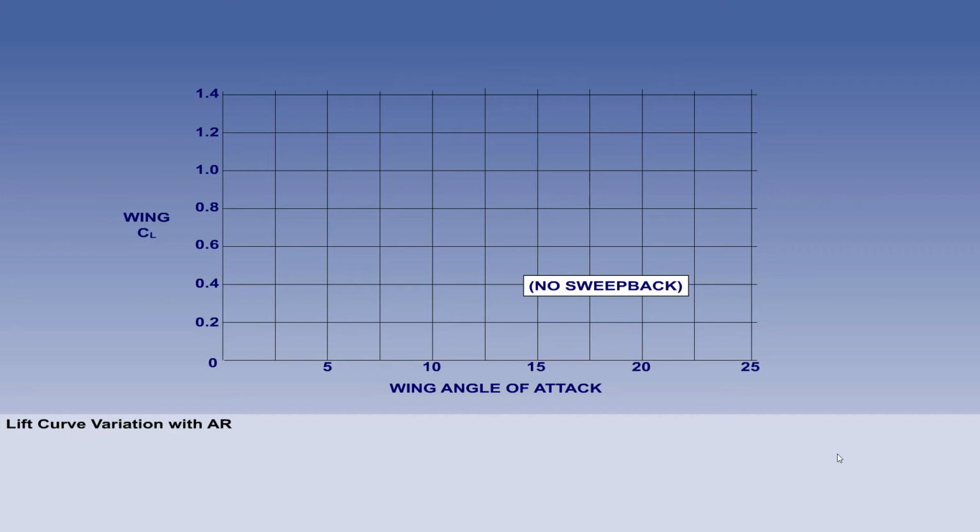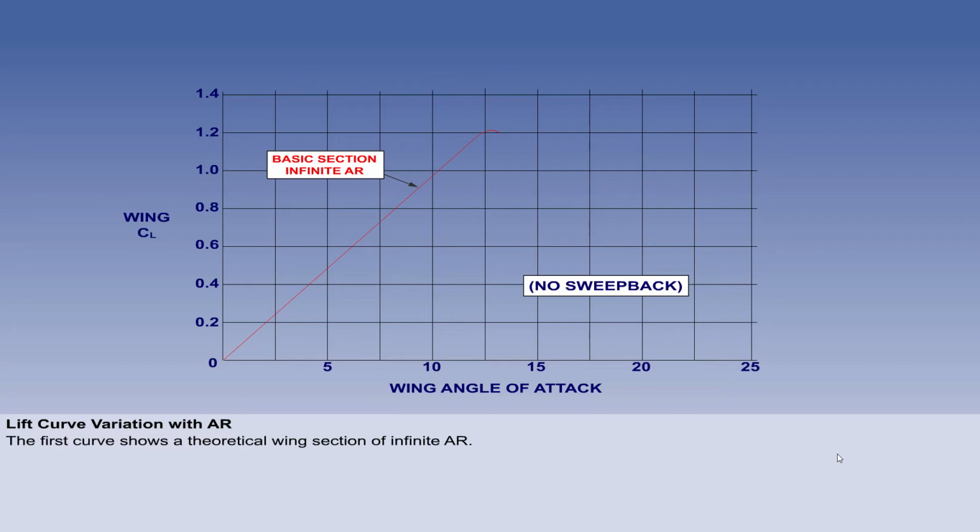We can examine the effect of aspect ratio by looking at the lift curves for various configurations. The starting point is a wing of a typical section, but of infinite aspect ratio, obviously a purely theoretical situation.